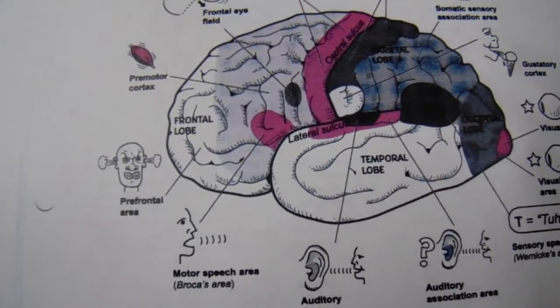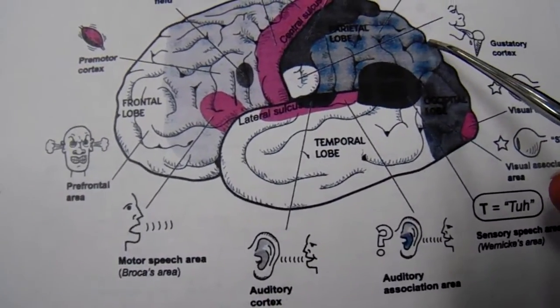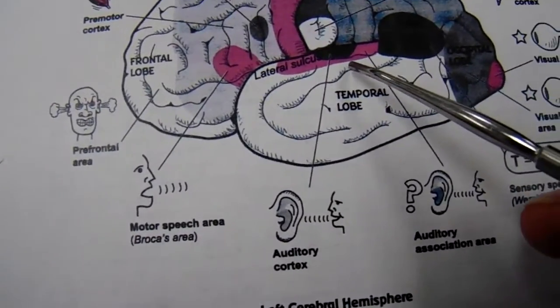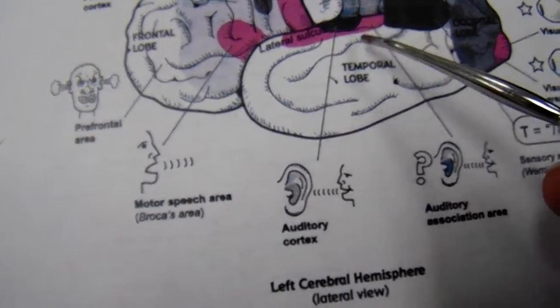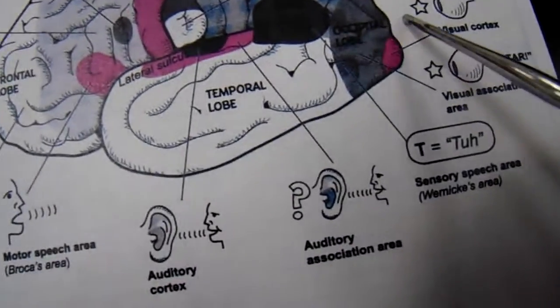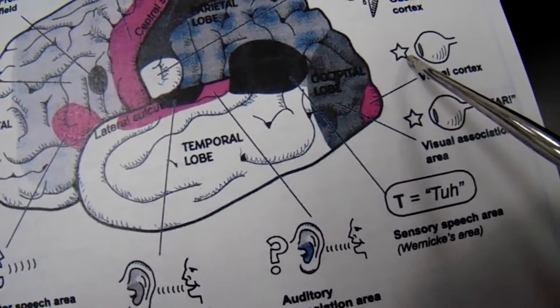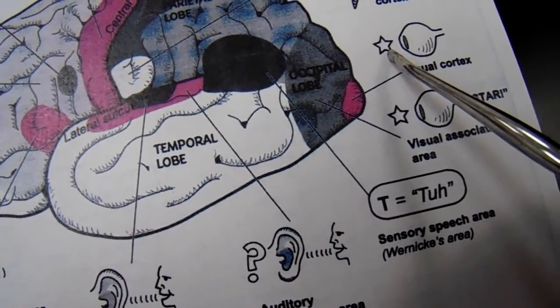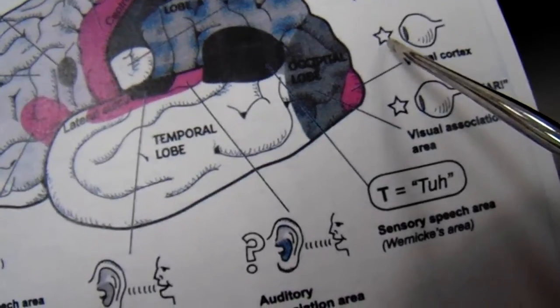You associate the metal with the feel. Okay? Auditory association area. You're hearing me, but what is he talking about? You associate it. And vision, like a star. You see a star, you see it, but you remember it's a five-sided figure.